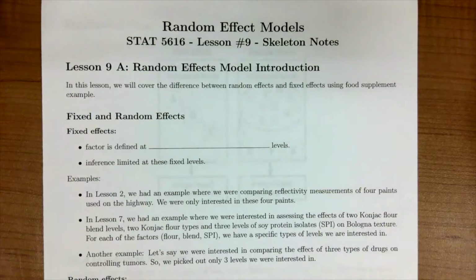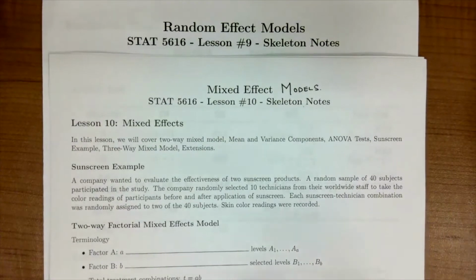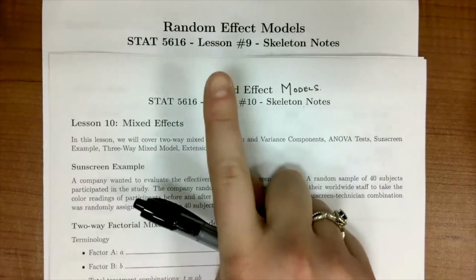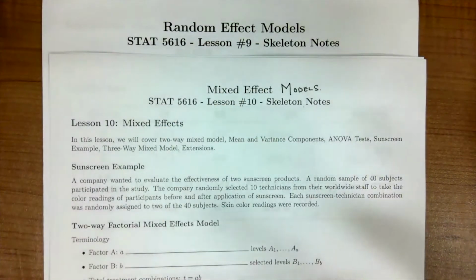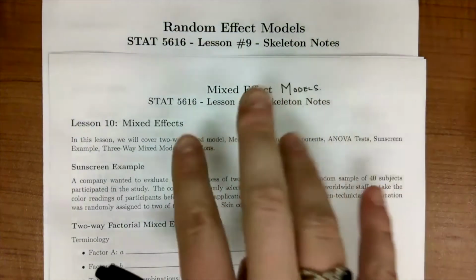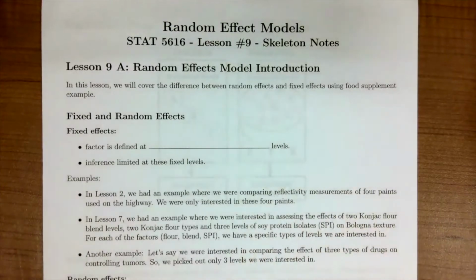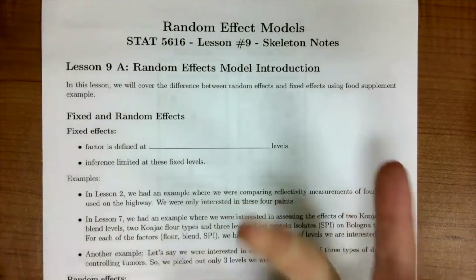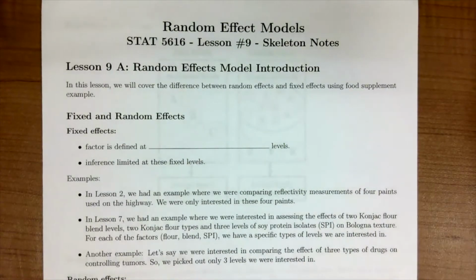So this week, again, we'll be covering random effect models and mixed effect models. As you can tell by the name, the mixed effect model is going to be a combination of random effects and fixed effects. So in order to get to lesson 10, we're going to break up lesson 9 into 3 parts. The first part, i.e. this lesson, is going to focus on understanding the difference between a random effect and a fixed effect.